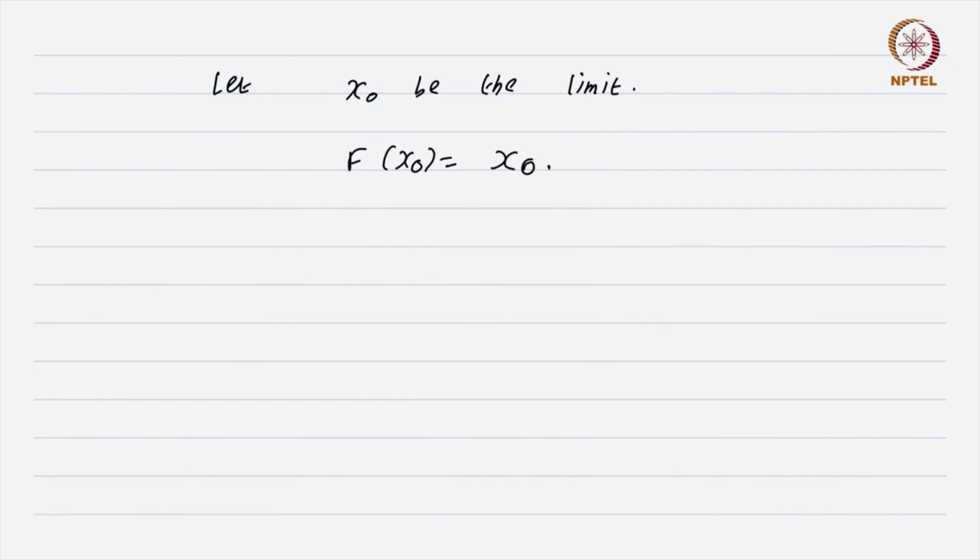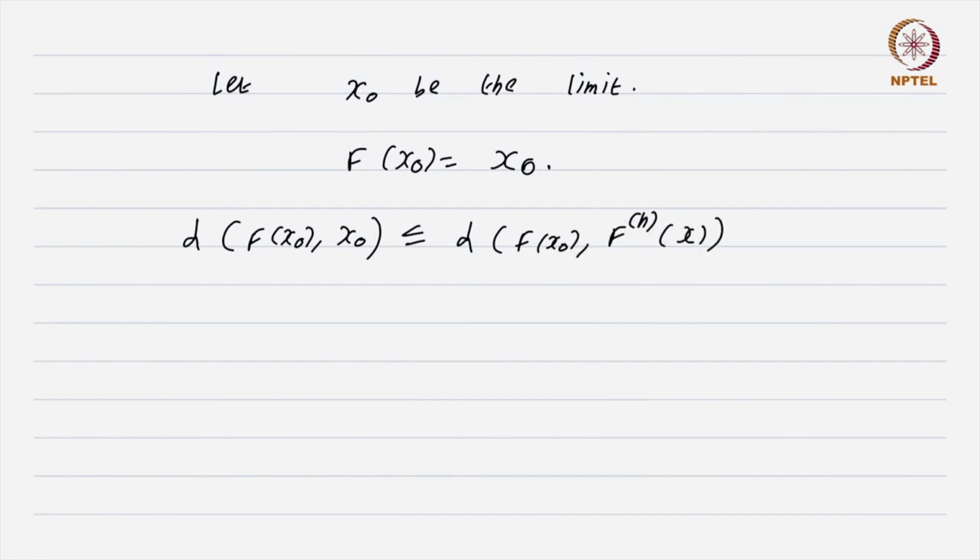To see this, just observe that d(f(x naught), x naught) is less than or equal to d(f(x naught), f^n(x)) plus d(x naught, f^n(x)).